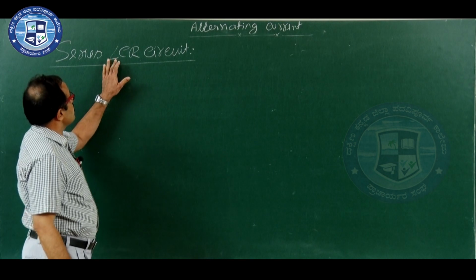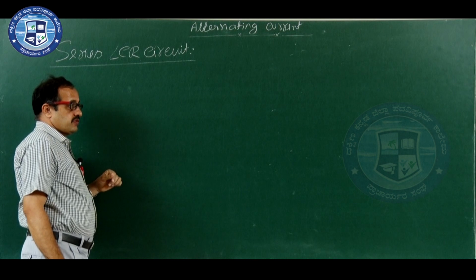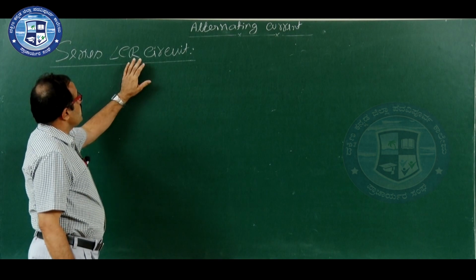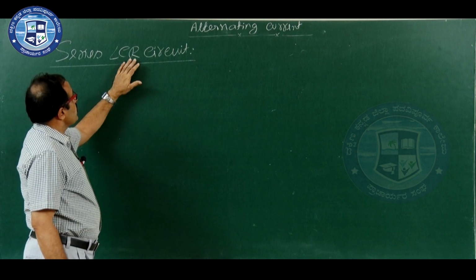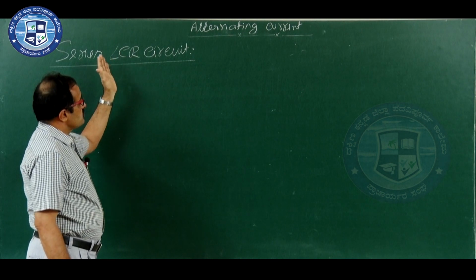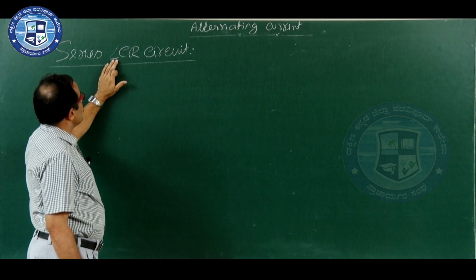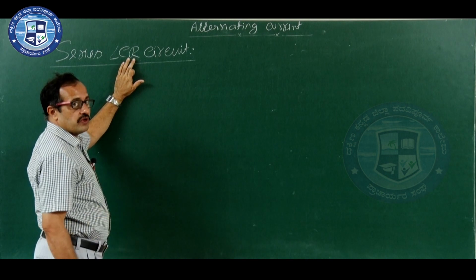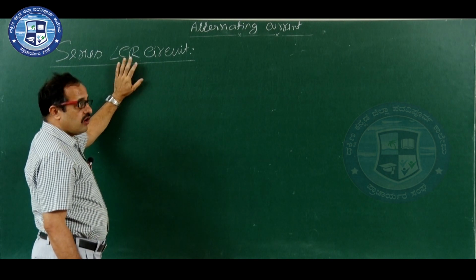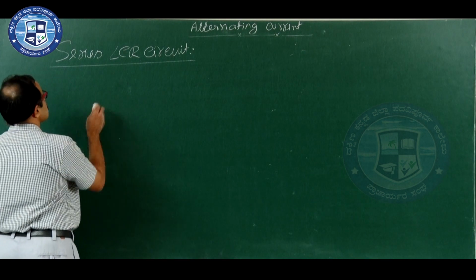Here L stands for inductor, C for capacitor, R for resistance, and all 3 must be in series, but any one of them may be first, another component may be at the last. It need not be inductor first, capacitor second, resistor third. No, it is not like that. All 3 components must be in series, known as the LCR circuit.